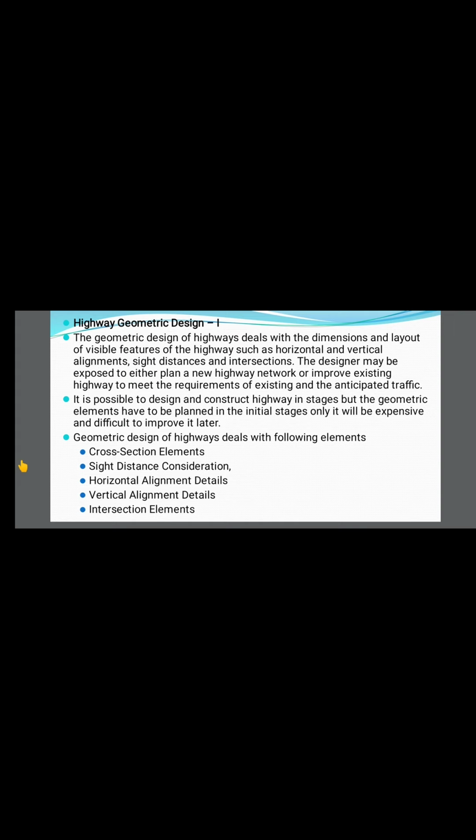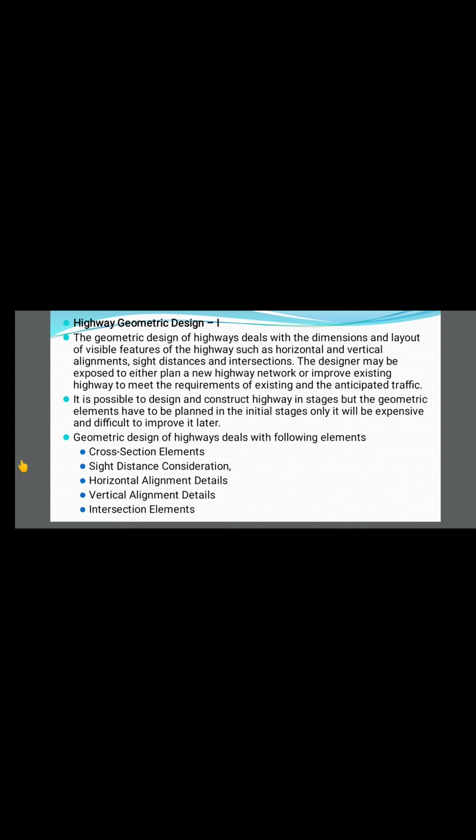These are the parameters in the highway geometric design. When you are going to do these designs, whether the existing road is capable of having these things or not. If it is not capable, then we go for the new highway network. If not, in the existing road only we are going to make these things fit into that road.